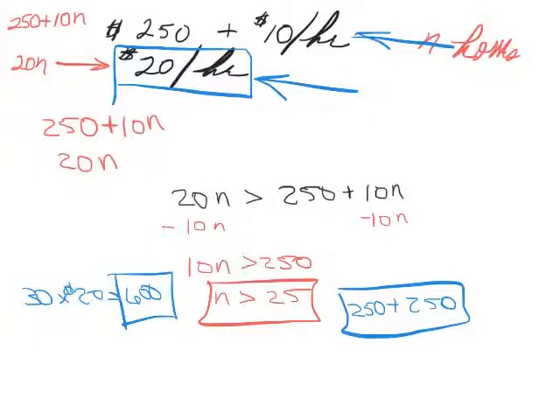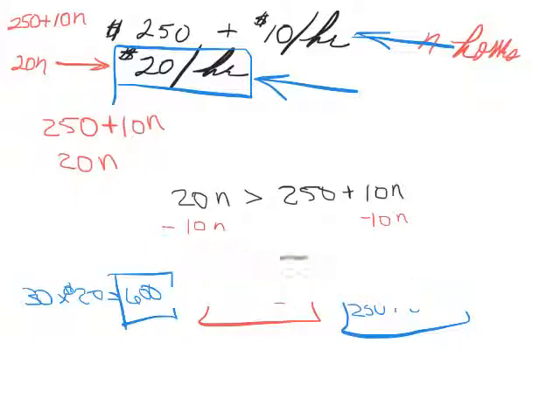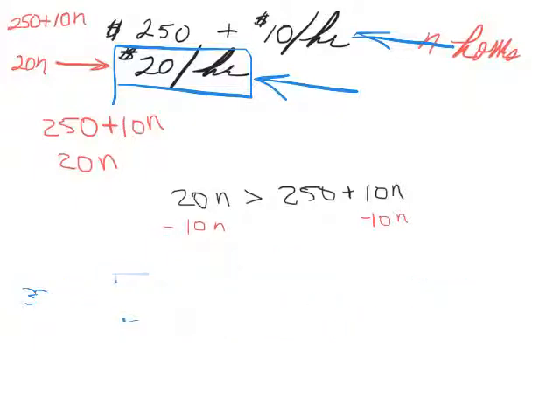So let's look at that from the other way now, if, for instance, she worked less than 25 hours. So let's say that she worked 20 hours. So that equals my n. Let's see if this top one is the better deal now, because according to our problem, it should be. So in the top one, we've got $250 plus $10 an hour times 20, which is $200.